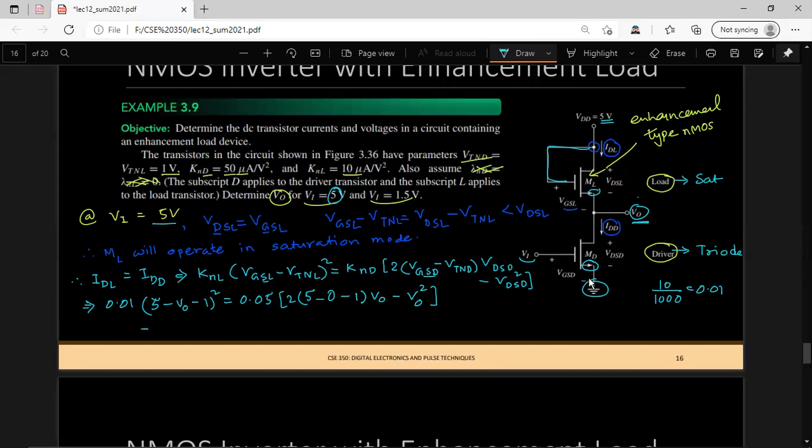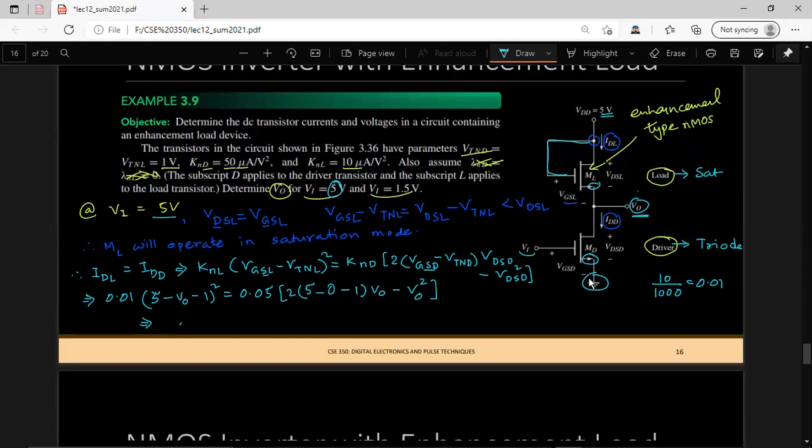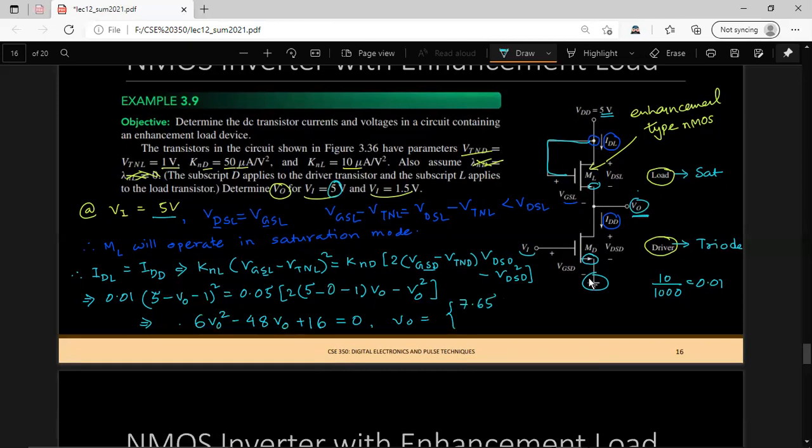This will lead to 6 V0 square minus 48 V0 plus 16 equals 0, and finally we have V0 equals 7.65 and 0.34.